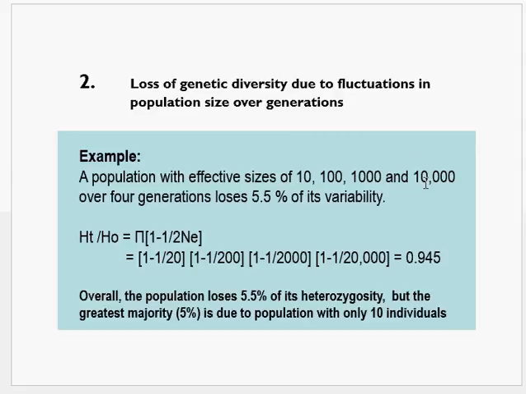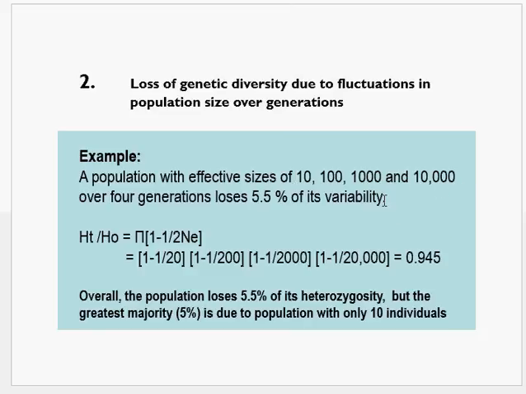If we look at 4 generations, or how the genetics in the population fluctuates over time, we may find that the population loses about 5.5% of its heterozygosity.